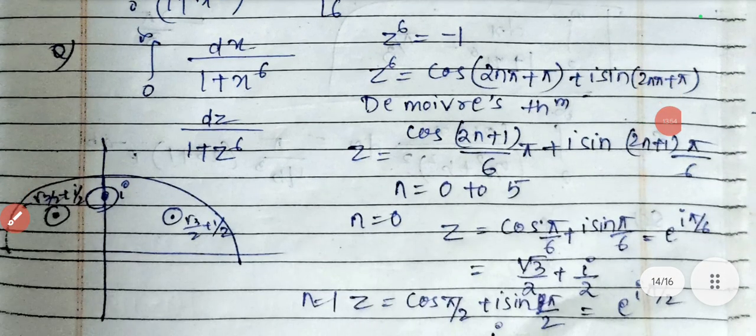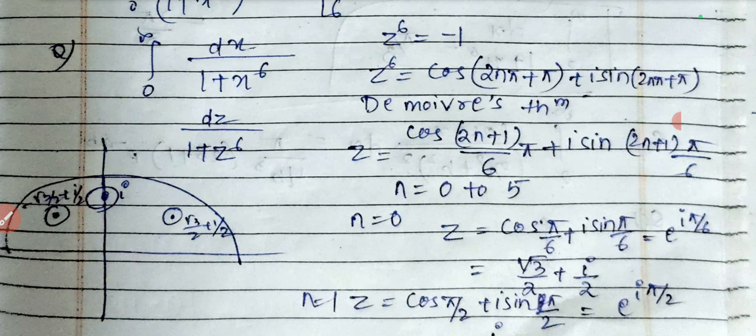Then this is another question: dx by 1 plus x to the power 6. You have to apply De Moivre's theorem here. For De Moivre's theorem, you know that z to the power 6 equals minus 1, which is cos (2n plus 1) pi plus i sin (2n plus 1) pi, to the power 1 by 6.